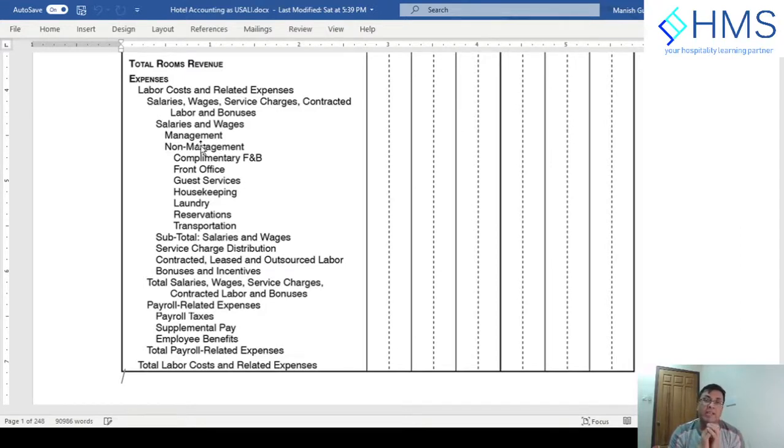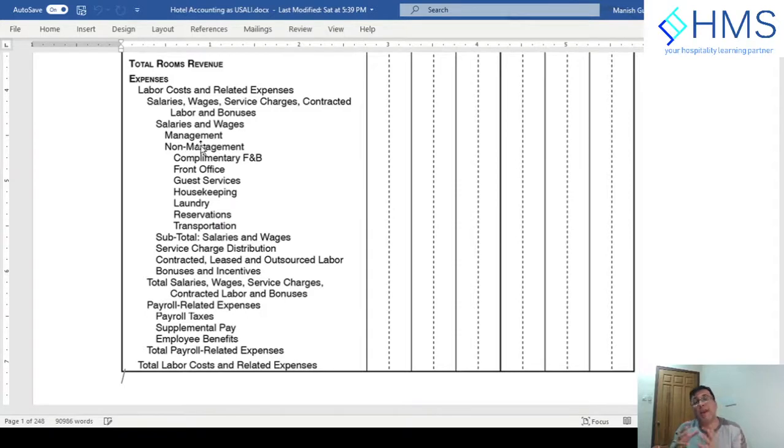Only the guest touch points, like supervisors and below, are put as non-management, and they are separated into each and every department, so that it's easy to compare how the hotel has been structured compared to previous year, compared to budget, and what is actually being done. And when you are comparing hotels with different size and different facilities, it's easy to understand and compare the profitability of the rooms department with the others.